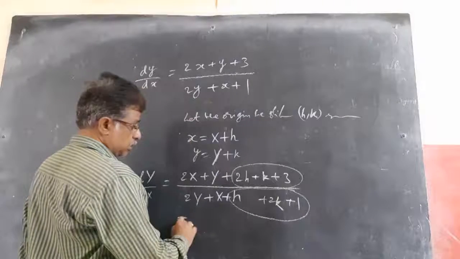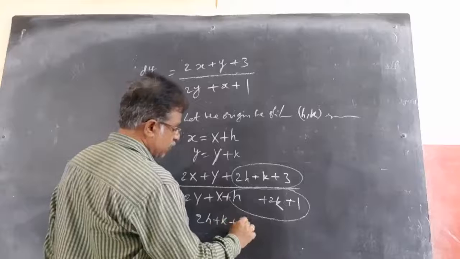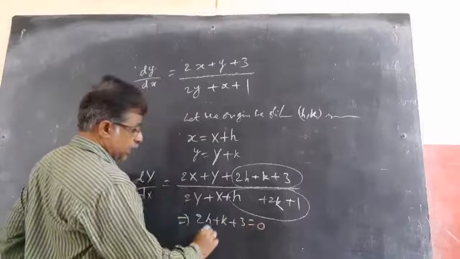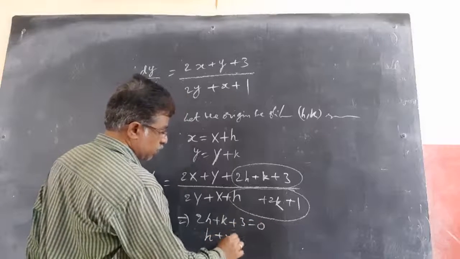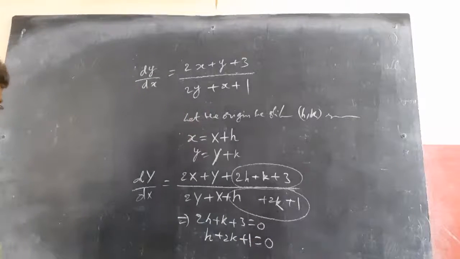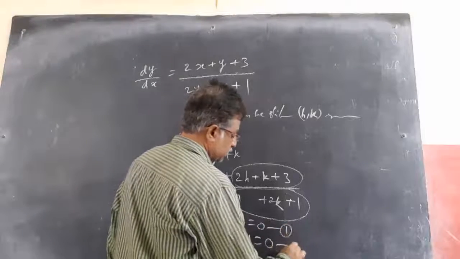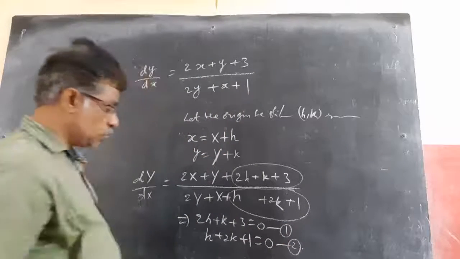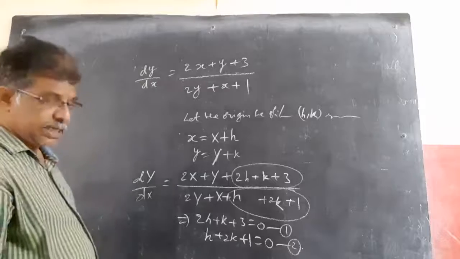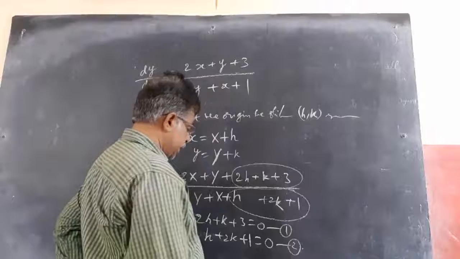Means 2h plus k plus 3 equal to 0, h plus 2k plus 1 equal to 0. Let this be equation 1 and let this be equation 2. Solving these two, I will get h comma k. So I will go for the elimination method.